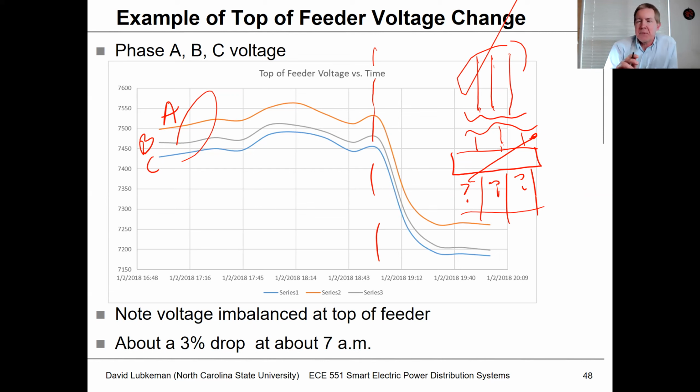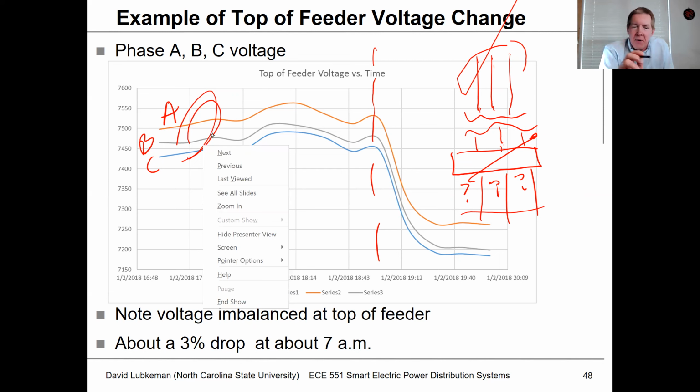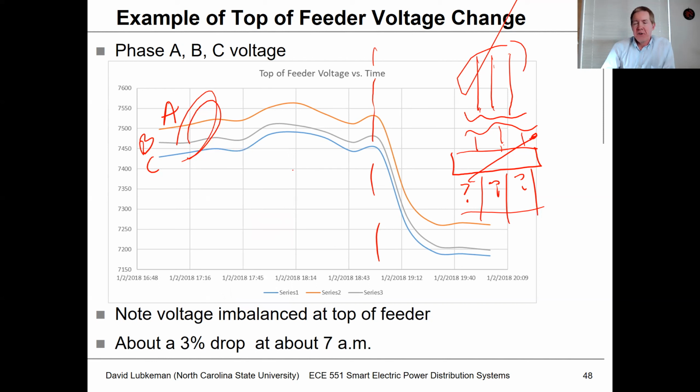Just keep in mind this is what it's really going to look like. What we were doing in class was assuming that you had regulation on each phase, and I can make that voltage 124 in phases A, B, and C. Just realize in real life it doesn't work this way. Because of imbalance in the circuit, we're going to have imbalanced voltages at the top of the feeder.